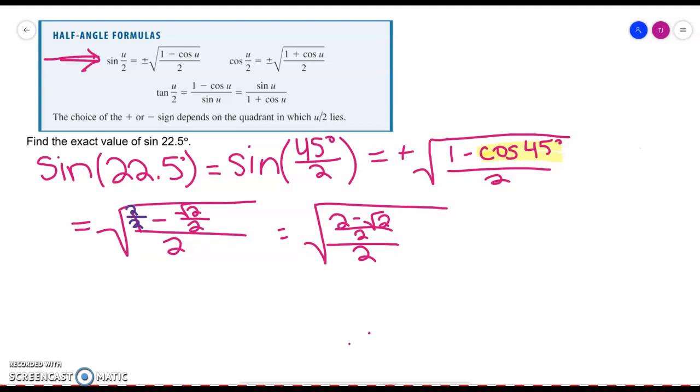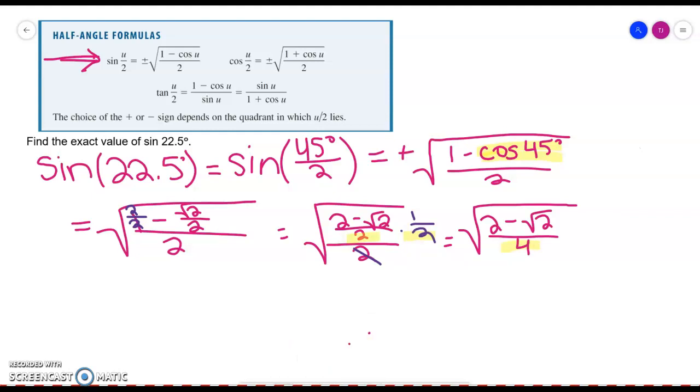So from here, I can just start simplifying. In order to divide 2 minus the square root of 2 over 2 by 2, I'm going to get rid of this divided by 2 by multiplying by its reciprocal. When I do that, I end up with the square root of 2 minus the square root of 2 over 4, because 2 times 2 gives me that 4.